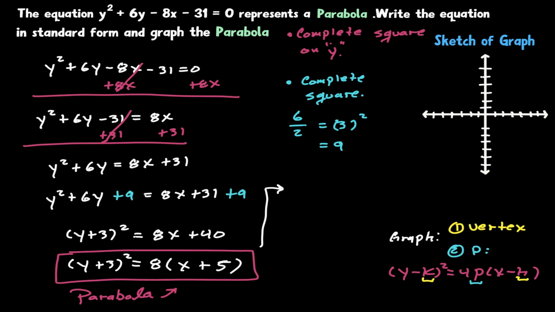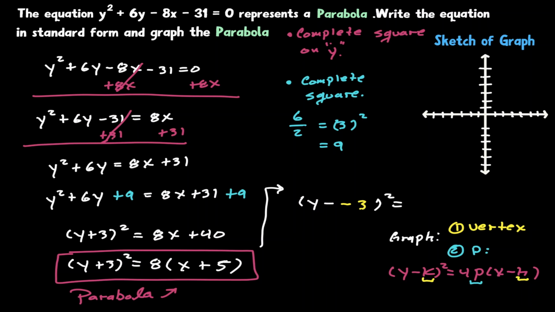To identify the value of k, we need to write the expression as a subtraction. Right now, we have an addition. So instead of writing plus 3, I'm going to write it as minus negative 3. And to obtain the value of p, I need to write the value 8 as a multiple of 4.